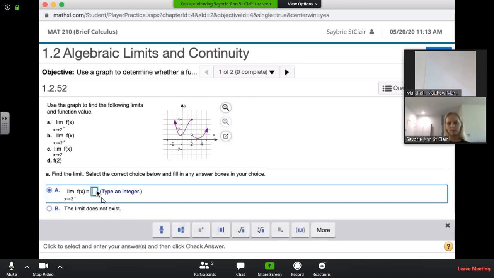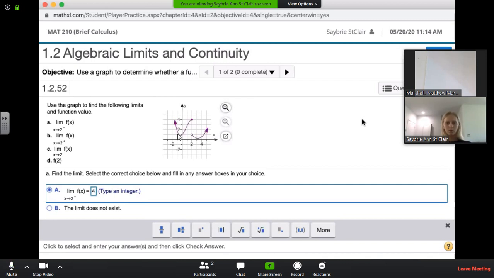Now do you see choice B where it says 2 plus? That means you're approaching from the right. As you approach positive 2 on the x-axis from the right, it hits that little open dot, so that limit is positive 1.